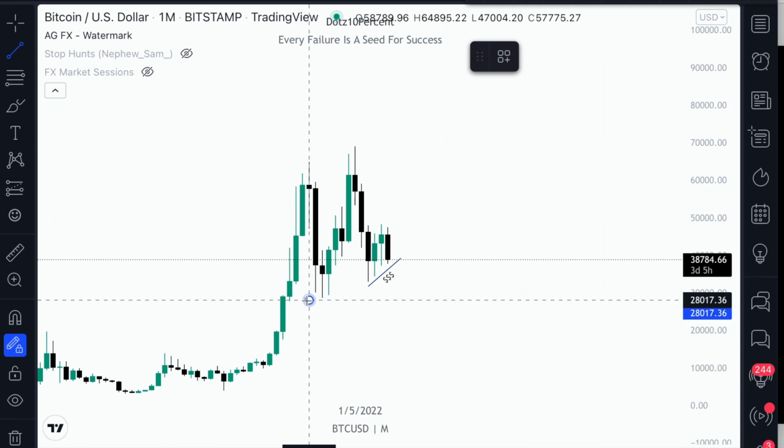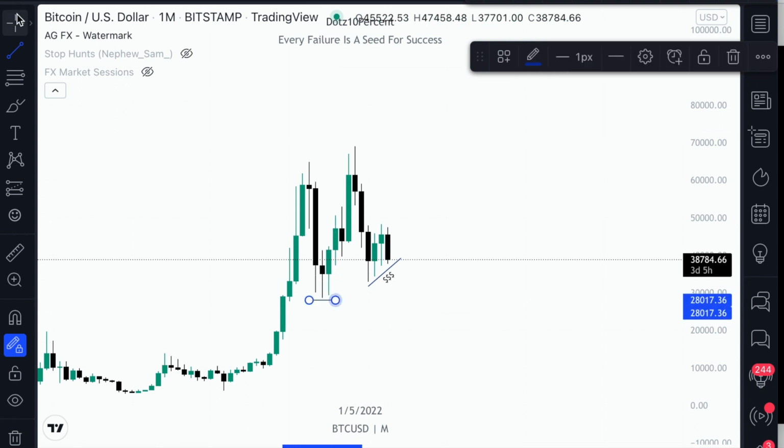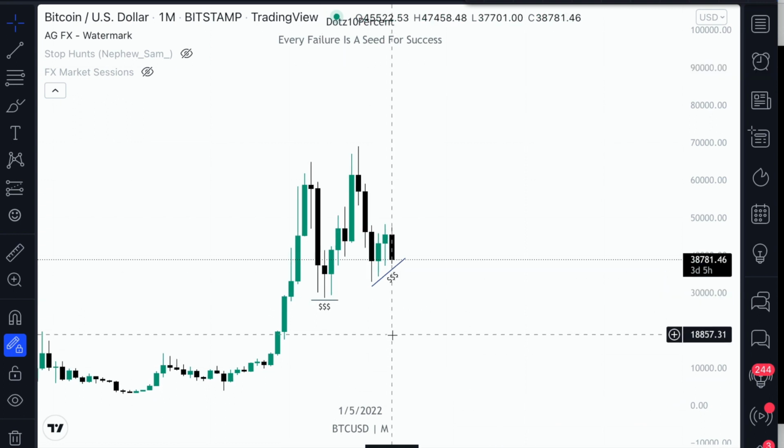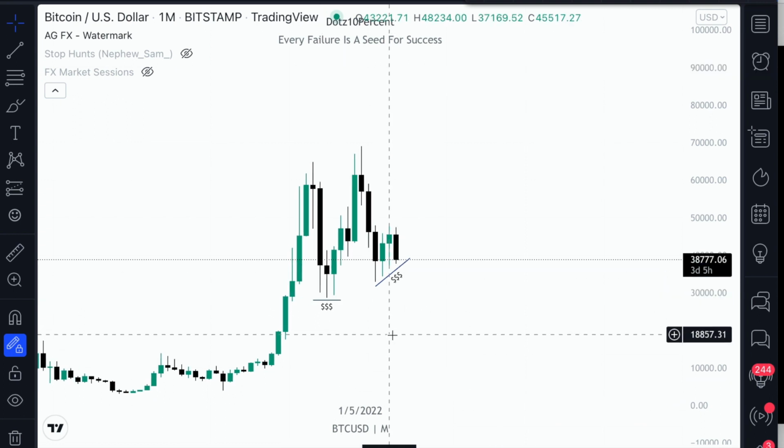There's liquidity residing below this low. And there's no specific points of interest that jump out at me. There's no specific order blocks that jump out at me. I do see a couple imbalances I'm going to mark out now.